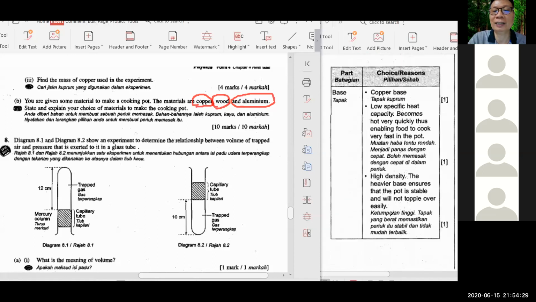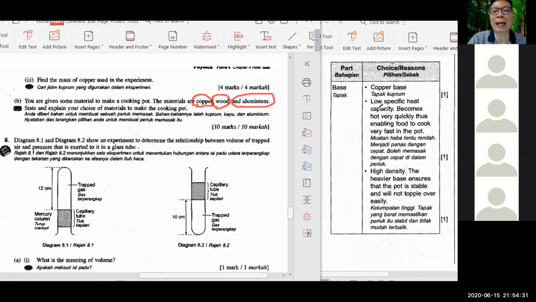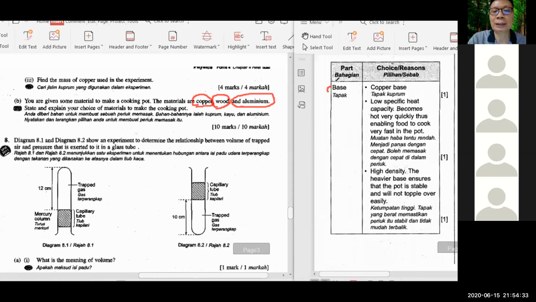The answer is given in the table. First, the base uses copper. This suggestion already gets 1 mark. The reason is low specific heat capacity, so it becomes hot very quickly. Correct? So here 2 marks already.